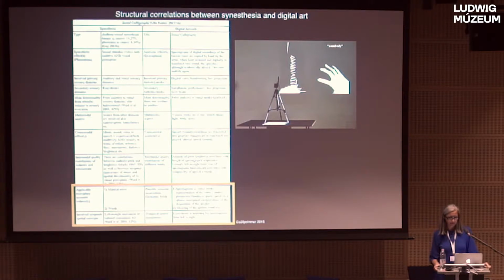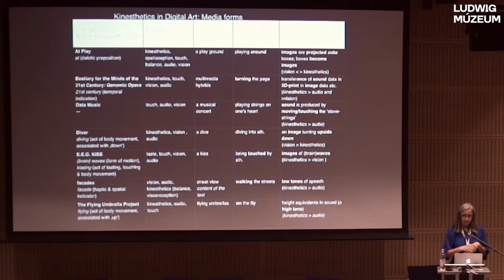And I'm not going into detail now, just to show you what was the classic research or media scholarly work in here. But these correlations between perception and a digital artwork was what led us through the whole project all the time.